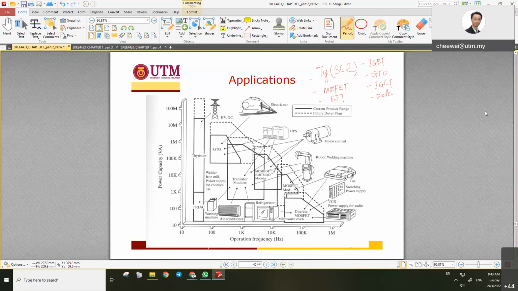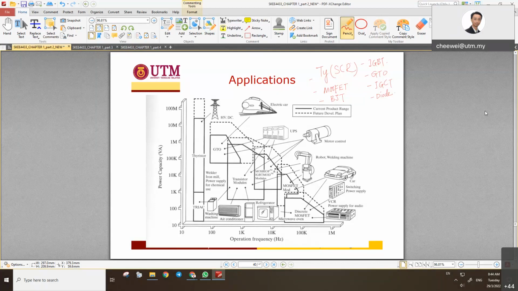When I say EV cars, there are so many parts in EV cars. So which part of the EV car are you referring to? Are you talking about the motor drives? The interface? The auxiliary supply? So I'm talking about the one that drives the motor, the induction motor.